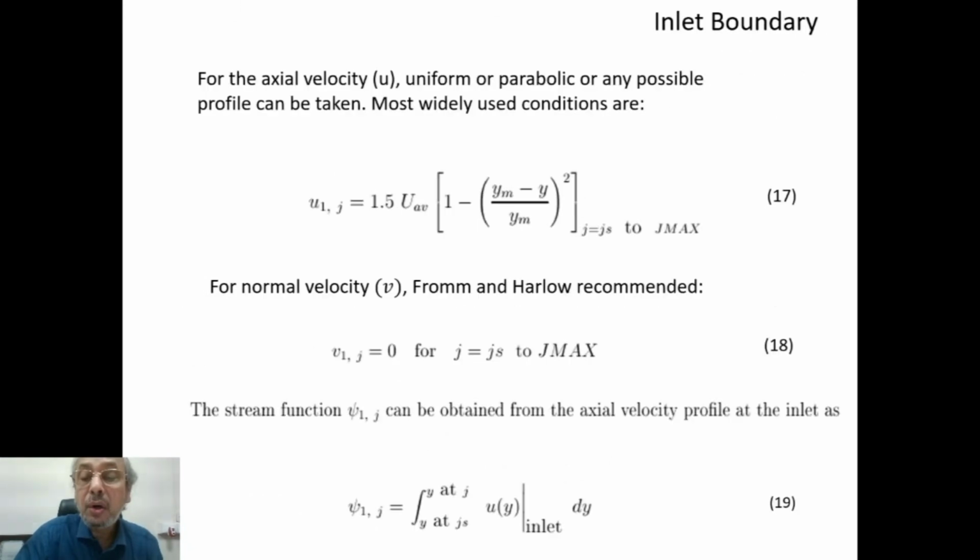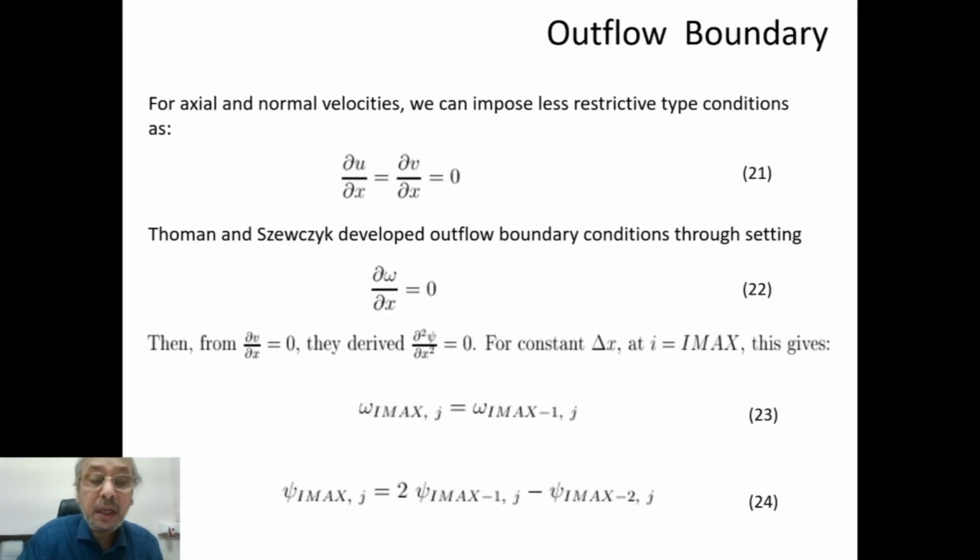So psi I max j is the varying parameter, so psi I max equal to twice psi I max minus 1 minus psi I max minus 2.